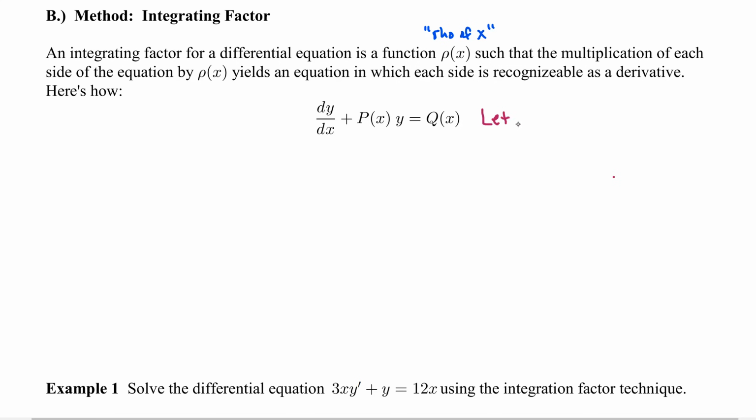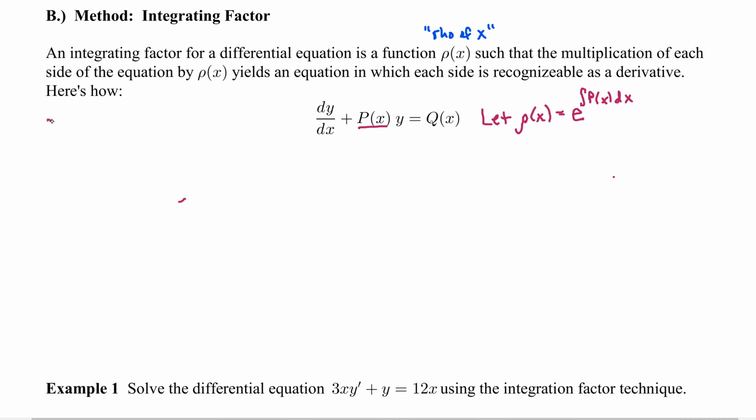We're going to let rho of x, our integrating factor function, equal e to the integral of p of x dx. Okay, p of x comes from this coefficient right here. If the original equation is not in this order, then we will not get the integrating factor right. So again, it's very important that you match your differential equation to this form before you define your integrating factor.